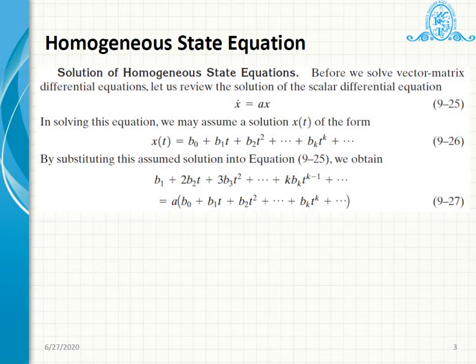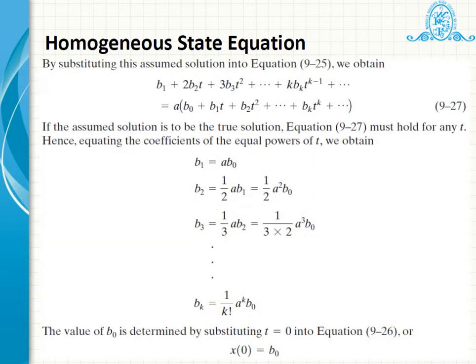Now here, if we compare the coefficients of t or t square or t cube or different powers of t, then we can write like this. If we solve this, this will be a b0 plus a b1 t plus a b2 t square plus a b3 t cube and so on up to a bk t raised to k plus up to infinity.